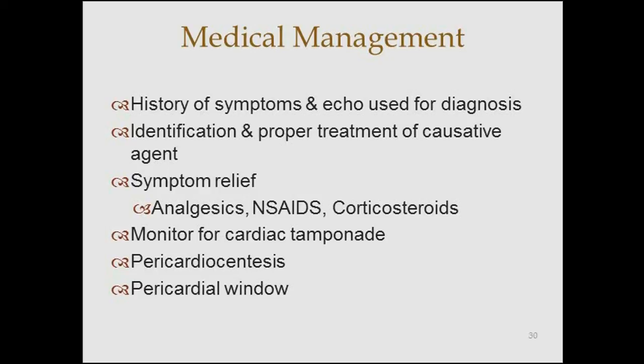the fluid returns, builds up again, then the treatment is a pericardial window where they will actually go in surgically. It is similar to CABG, where they crack the chest.